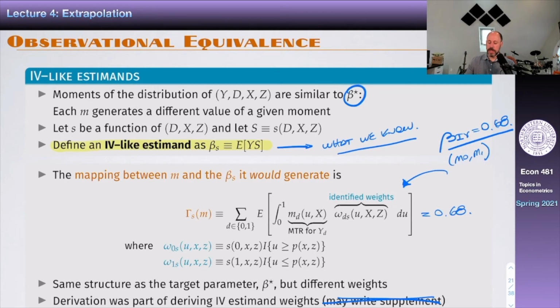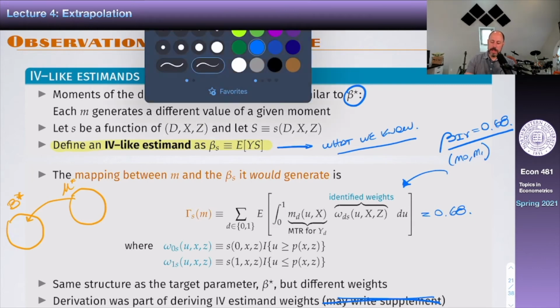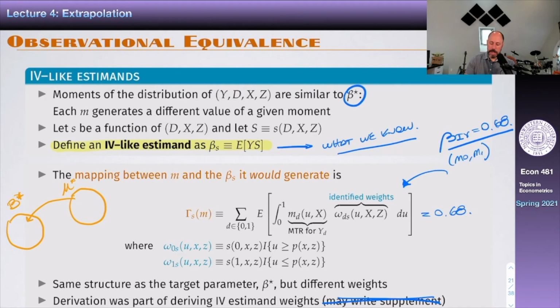Okay. So hopefully this is going to restrict the set of marginal treatment responses. And then this is going to lead to a restriction on the set of betas, the target parameters that we care about. So imagine this is like what I call B star, okay? And this is what I call M star. We know that there's a mapping from here to here, right? But then now we're saying, well, I know that I have an IV-like estimand.